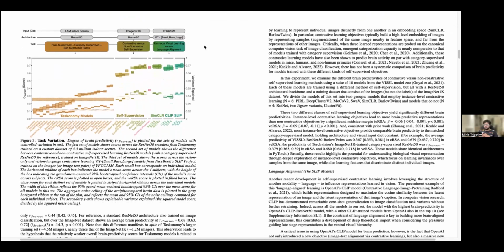I mean, it should be. They're using NSD because we have image and fMRI pairs with NSD, but the models are not trained on it. Wait, does ImageNet have the same COCO images? Because NSD just uses COCO images, right? They don't. Okay, so for inference, they are using images which the models haven't seen.